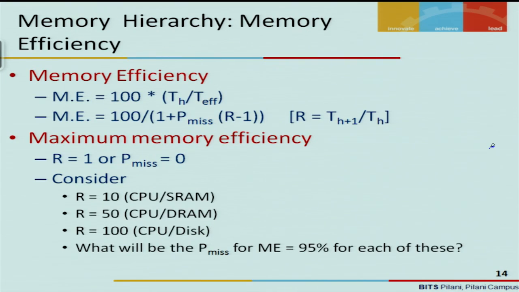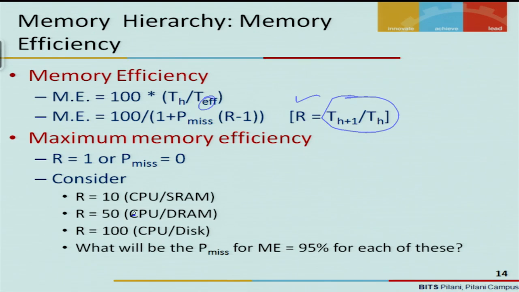Now using this formula, if I calculate the memory efficiency, memory efficiency is 100 multiplied by TH divided by T effective. The effective time we calculated in the previous slide. If I replace the ratio of the access times of the two memory levels, TH plus 1 divided by TH, with R, then this memory efficiency can be written as 100 divided by 1 plus P miss into R minus 1.